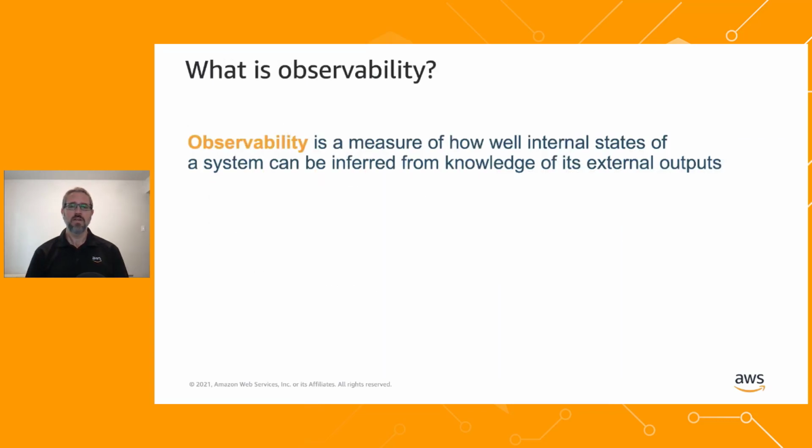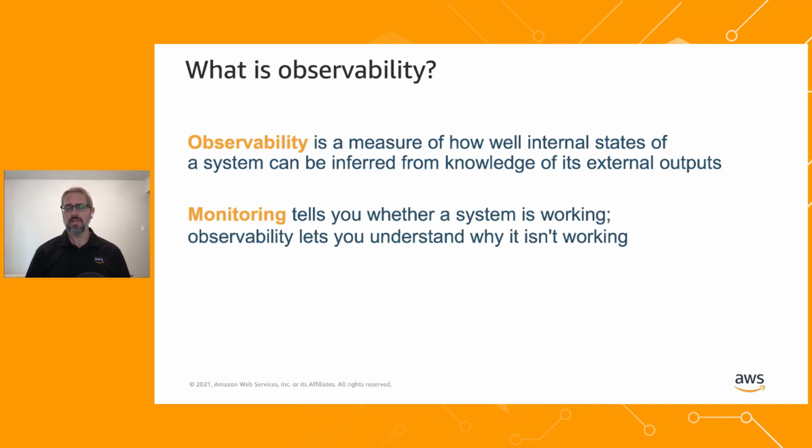So first, let's set the stage. What is observability? We like to think of observability as a way of inferring the internal state or health of a workload based on its external disposition and its outputs. This differs from just monitoring, which is very often more of a red light, green light type of system that tells you if a system is down, but it doesn't help you understand why it's down.